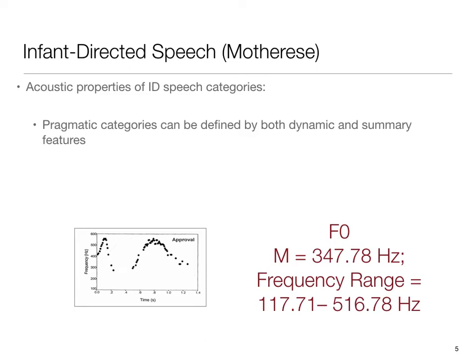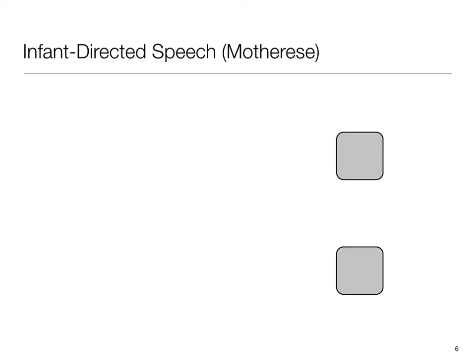It also has a much wider frequency range. If you're looking at these bell-shaped curves, it goes from a lower pitch to a much higher pitch, whereas comforting infant-directed speech doesn't do that. It starts out in the middle and then falls down, so it has a much smaller range. So we're going to go through some examples where they're actually talking to babies instead of me simulating it in front of my computer.